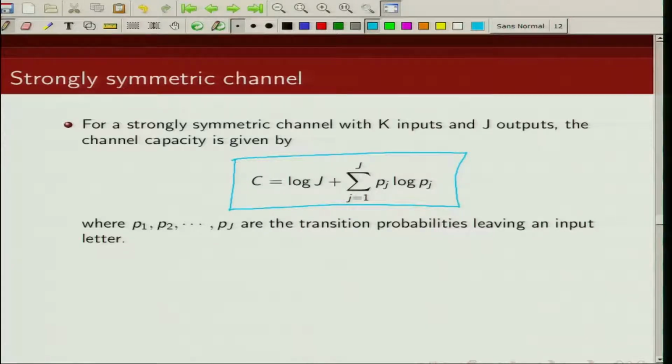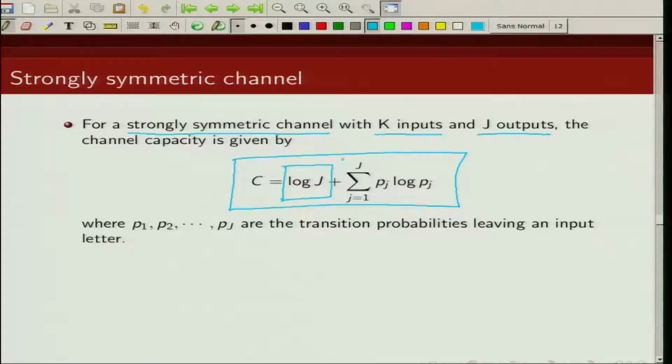All right. So, if you have a strongly symmetric channel with k inputs and j outputs, then the channel capacity is given by this expression. We know from the uniformly focusing property that the distribution that maximizes h of y is the uniform distribution, and the maximum value of h of y corresponding to this uniform distribution is log of j, where j is the number of possible outputs.